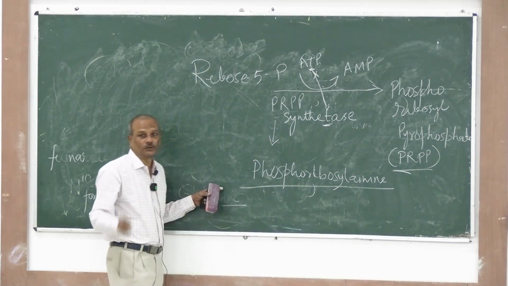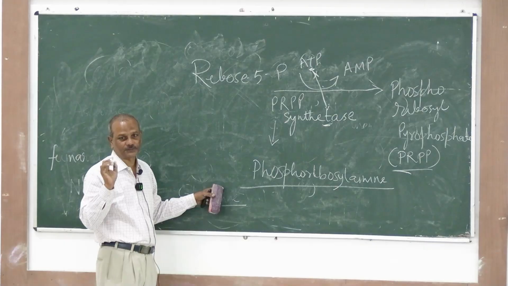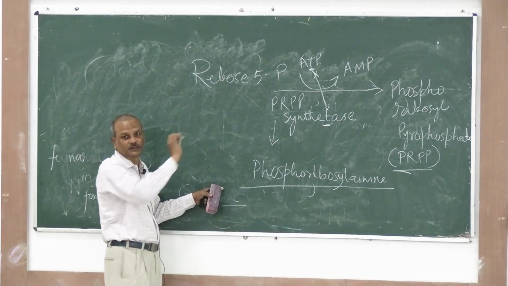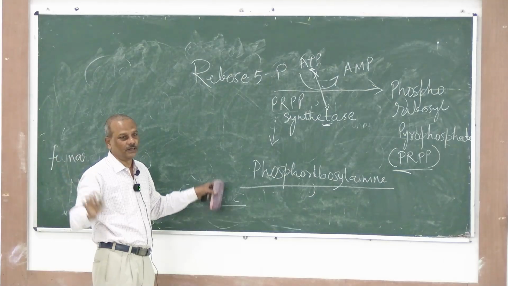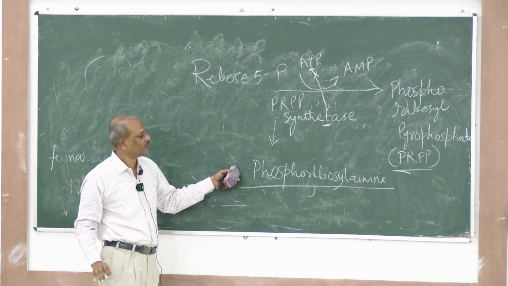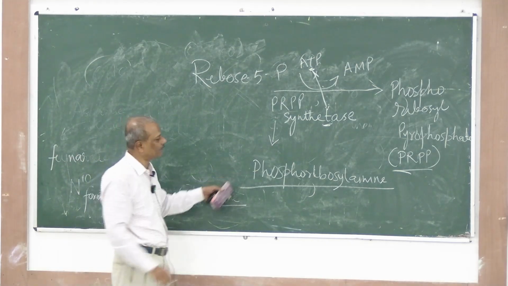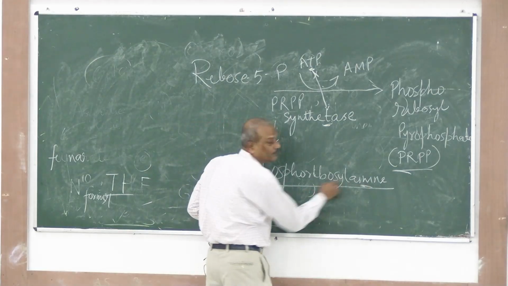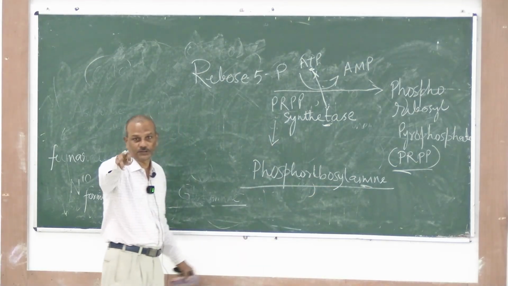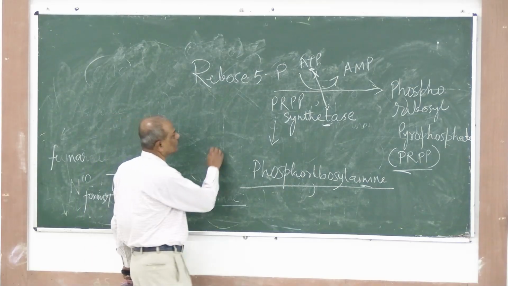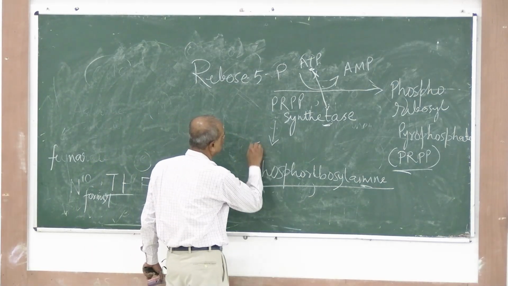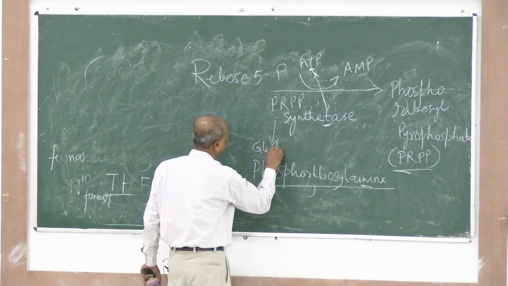And I told you nitrogen N9 is the first formation. In the first stage, no nucleic acid cyclical ring is formed. It starts from the second step. The phosphoribosylamine is there. This amine comes from the N9 position. You just look at the structure. It comes from glutamine. So PRPP will be required, so glutamine will be required.